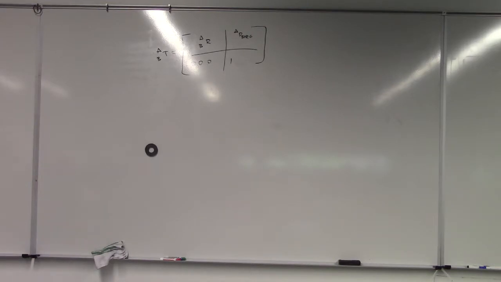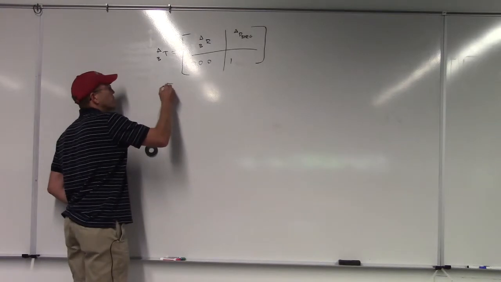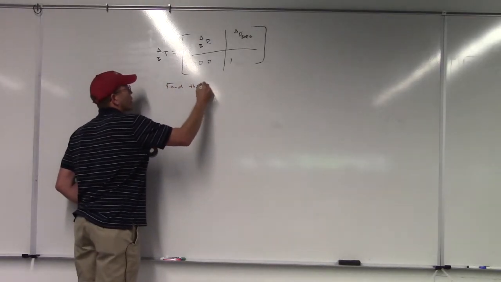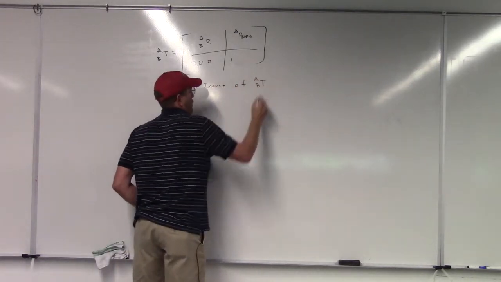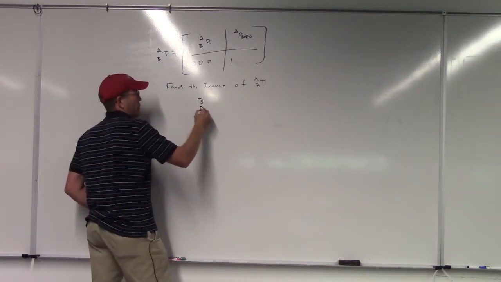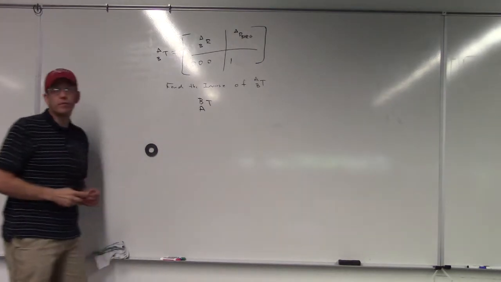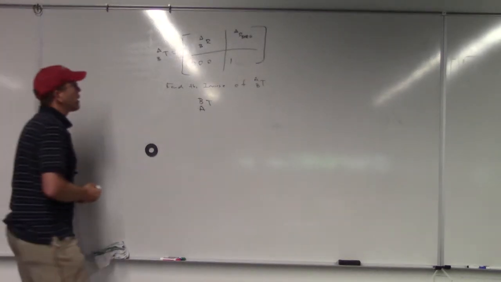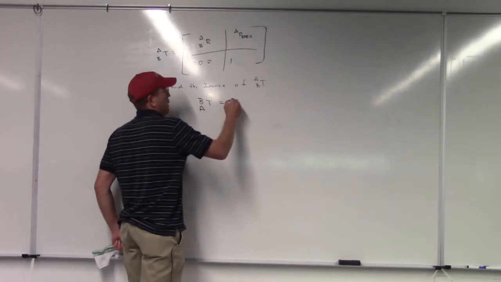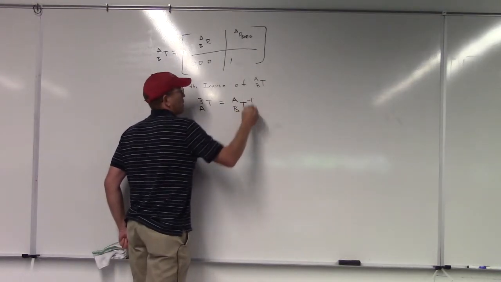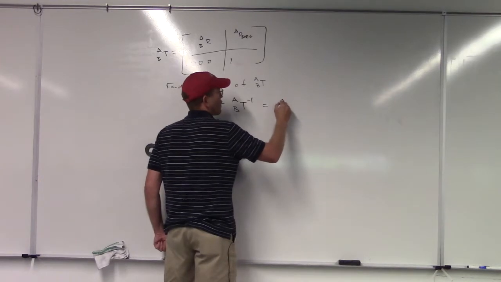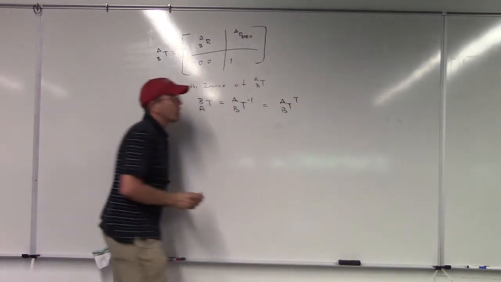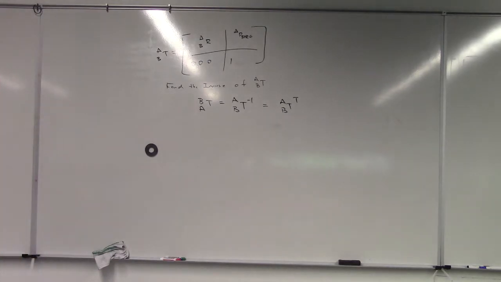We are trying to find the inverse of the transformation from A to B. So we're trying to find the transformation that takes us from B back to A. It is the inverse of the transformation from A to B, but is it the transpose? It'd be nice if it was. But is it?